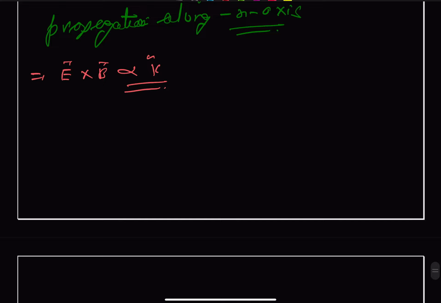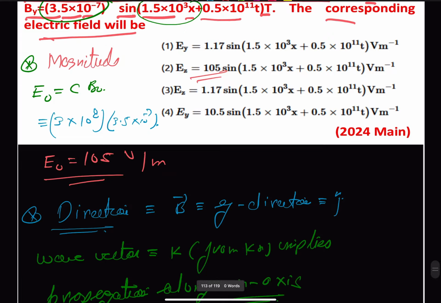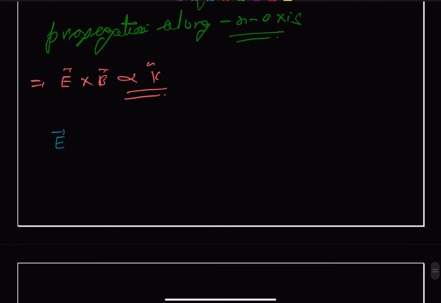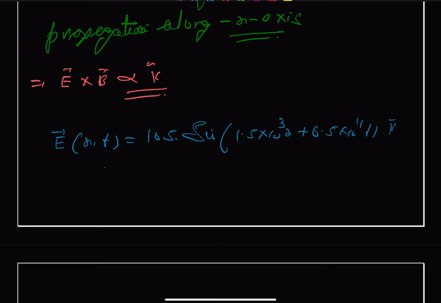Therefore, we can write that our electric field E of x comma t will be equal to 105 sine of (1.5 into 10 to the power 3 x plus 0.5 into 10 to the power 11 t), and this is our k unit vector.